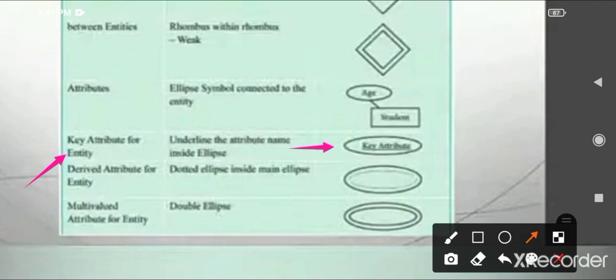The next one is the derived attribute for an entity. A derived attribute is drawn as a dotted ellipse. The next one is the multi-valued attribute for an entity.